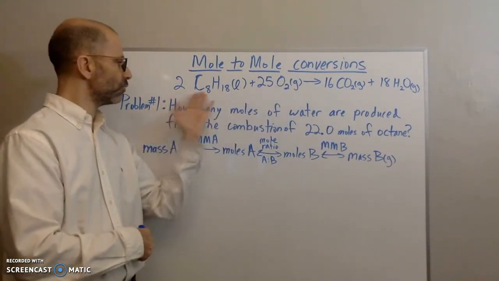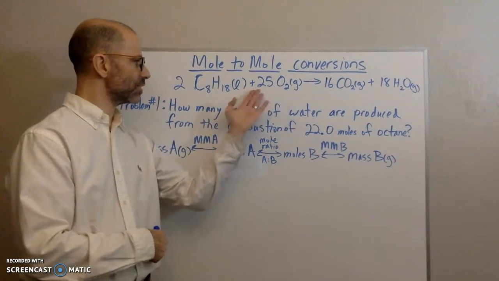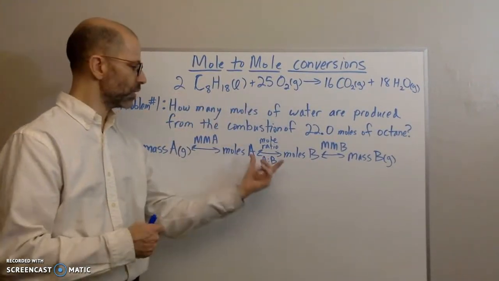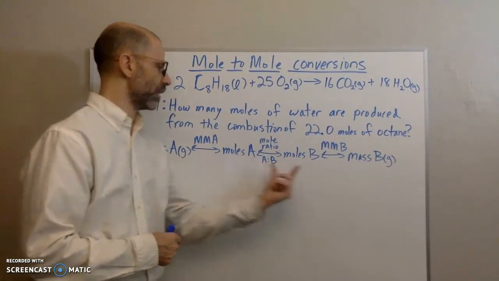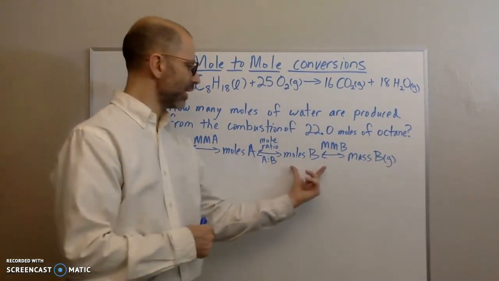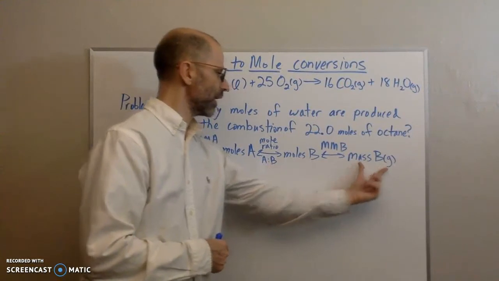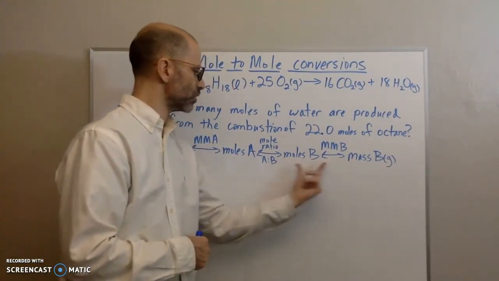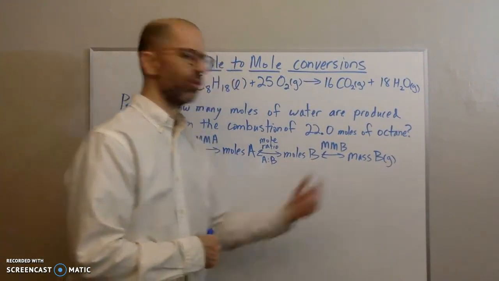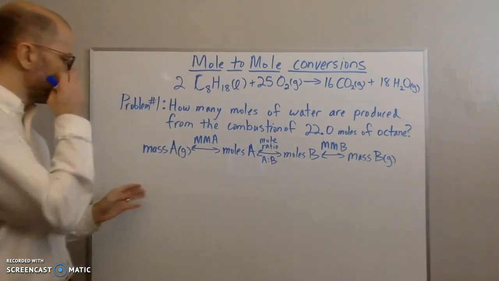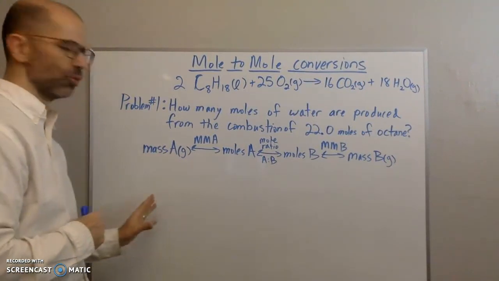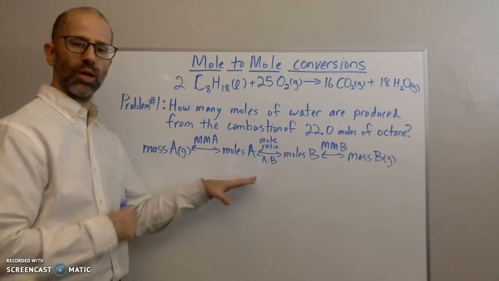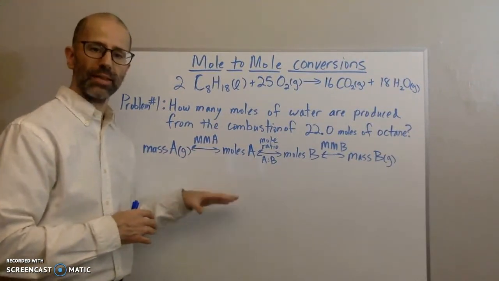So if this is our A and this is our B, then we can use the coefficients as the mole ratio. So we can convert between moles of A to moles of B. And then if we need to get to grams of B, then we can use the molar mass of B to convert from moles to grams. So wherever we get onto this highway, the highway will tell us where to go and how to get there.